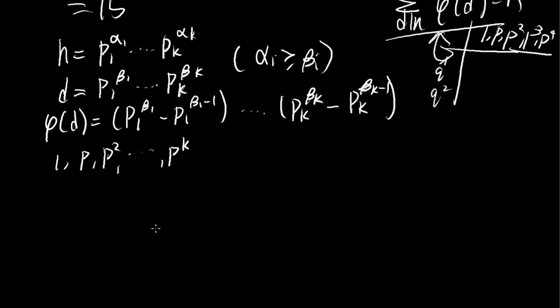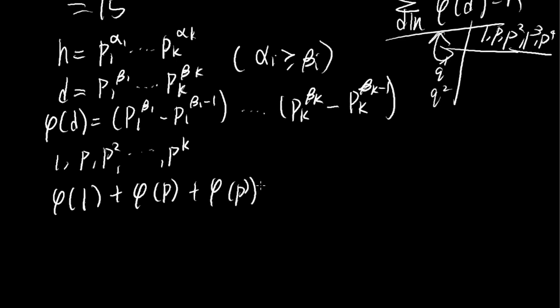We write the Euler's totient function of these together, and we get 1 plus phi p plus phi p squared, up to phi pk.